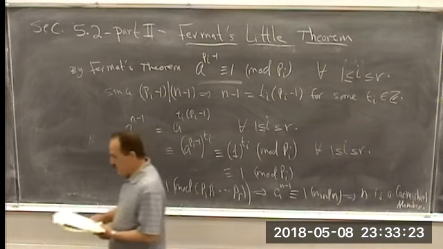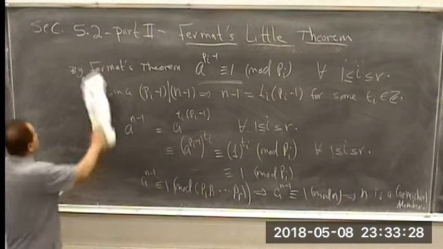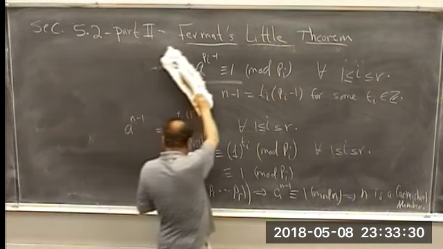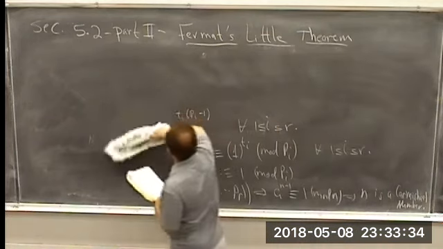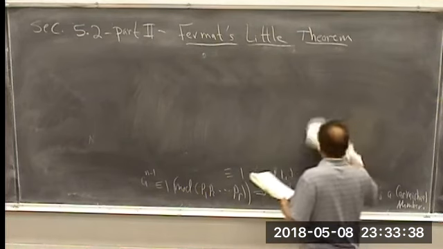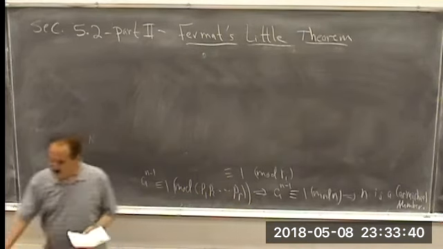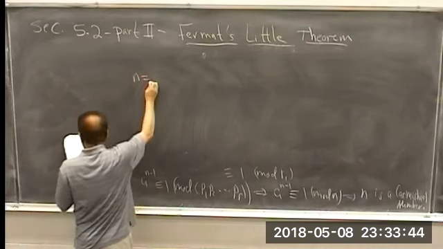In fact, there are a few examples of numbers that satisfy this. Let me just give one example here, which you can check satisfies the conditions of the theorem. These Carmichael numbers are very rare.